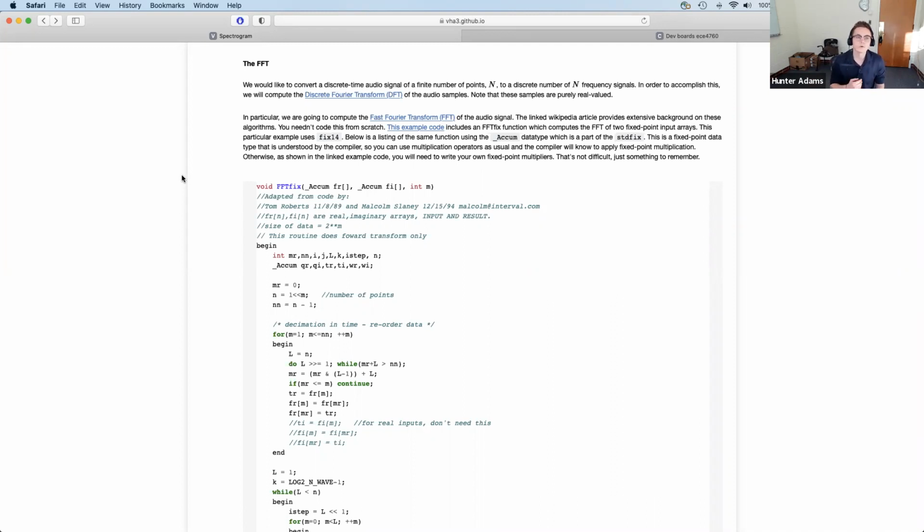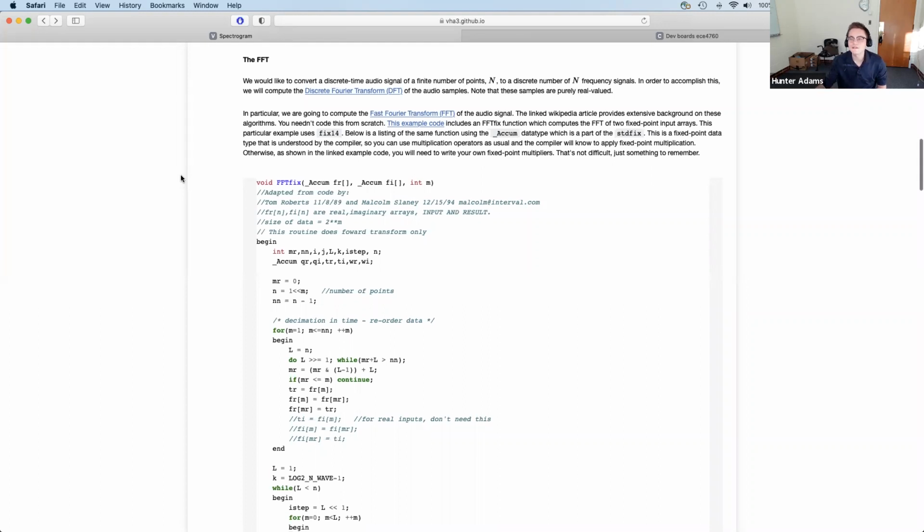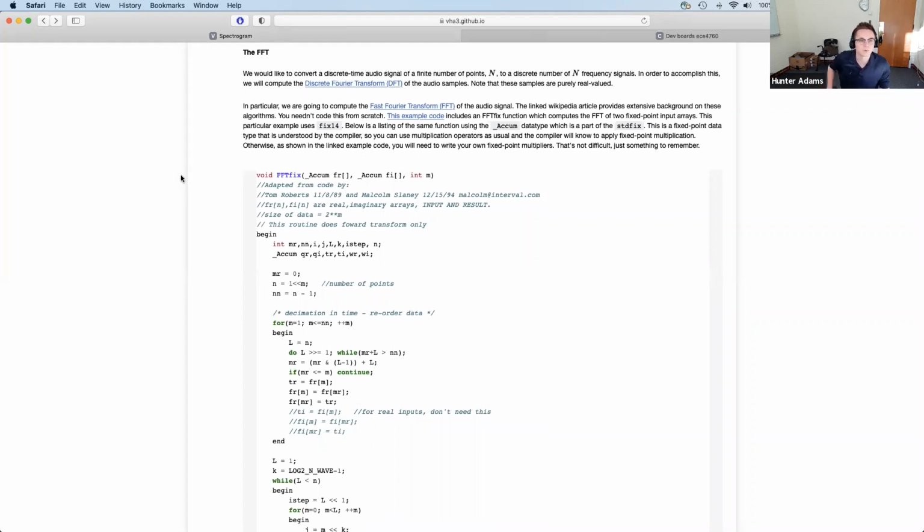For this lab, we have provided you with an FFT function. We wouldn't have necessarily had to do this. This is perhaps a merciful thing for us to do. But the reason to do this is we want to keep you focused on the elements of this project that this class is really about.